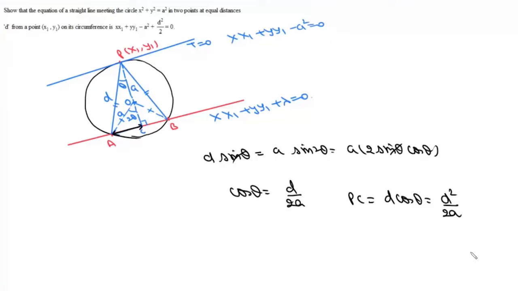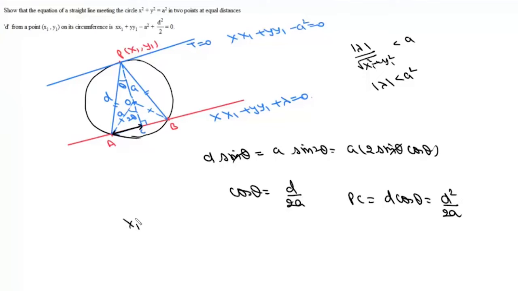Now we have two things to consider. First, this line should be a chord, and it will be a chord if the perpendicular distance from origin is less than its radius. So that means mod of λ upon under root of x1² + y1² will be less than a. This is x1² + y1², which is a². So basically mod of λ should be less than a². And then the perpendicular distance from P should be equal to d²/2a.